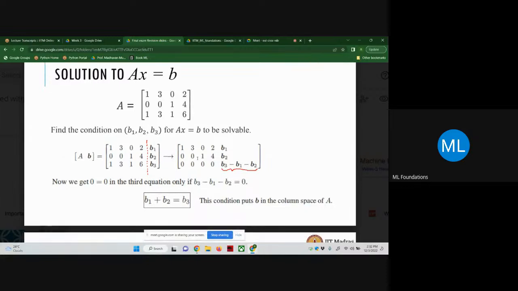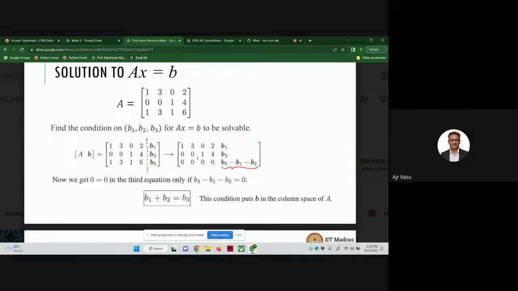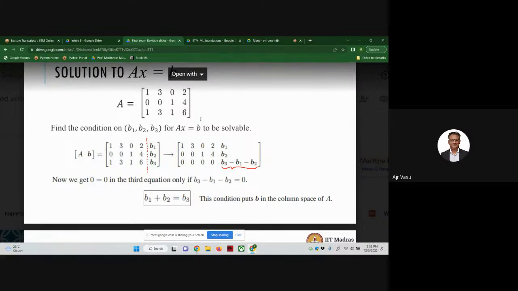Generally, for an m by n matrix, if the rank is n, then you'll have a unique solution. If the rank is less than n, then the nullity will be nonzero, which means you'll have multiple solutions. So generally we can say it based on nullity: if the dimension of the null space of A is not equal to 0, then it will not have a unique solution, and it can have multiple solutions.